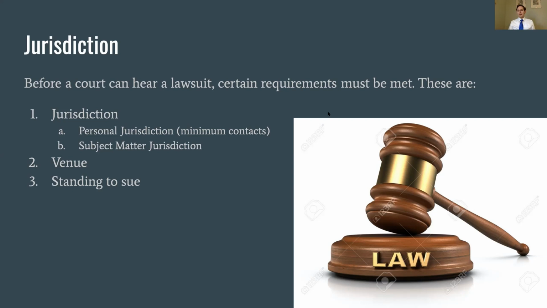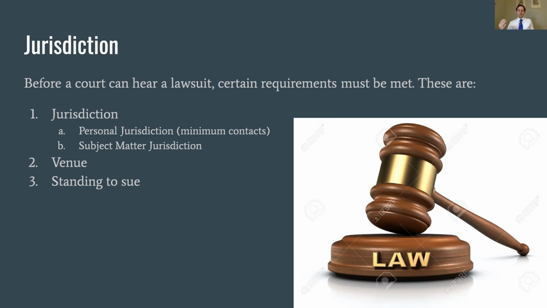Personal jurisdiction is met. Now the second one here is going to be quite a bit more involved. Subject matter jurisdiction involves whether or not the court can hear the case based on a number of different factors. Let's just hold it right now for subject matter jurisdiction, because subsequent slides discuss that. But just know that this one's more involved and endlessly fun to test on. Okay, venue and standing.